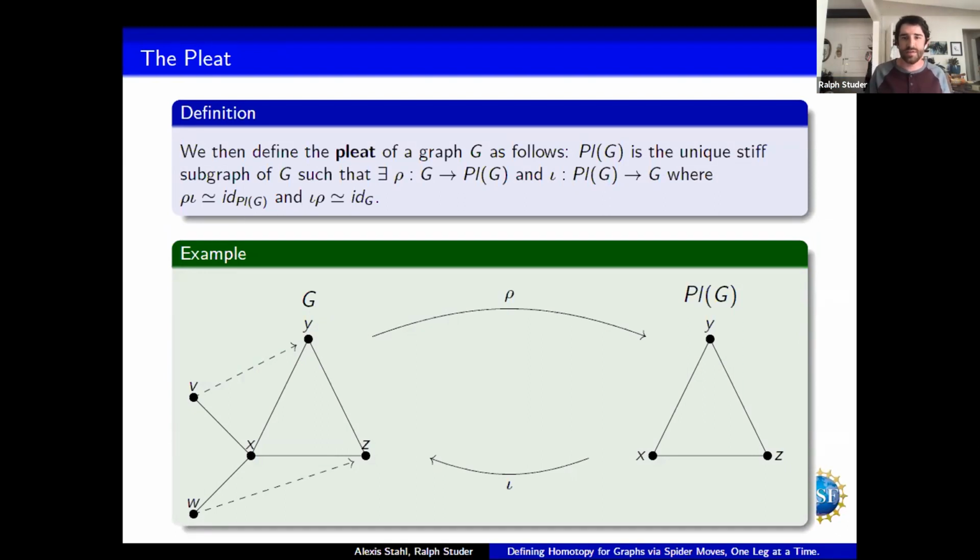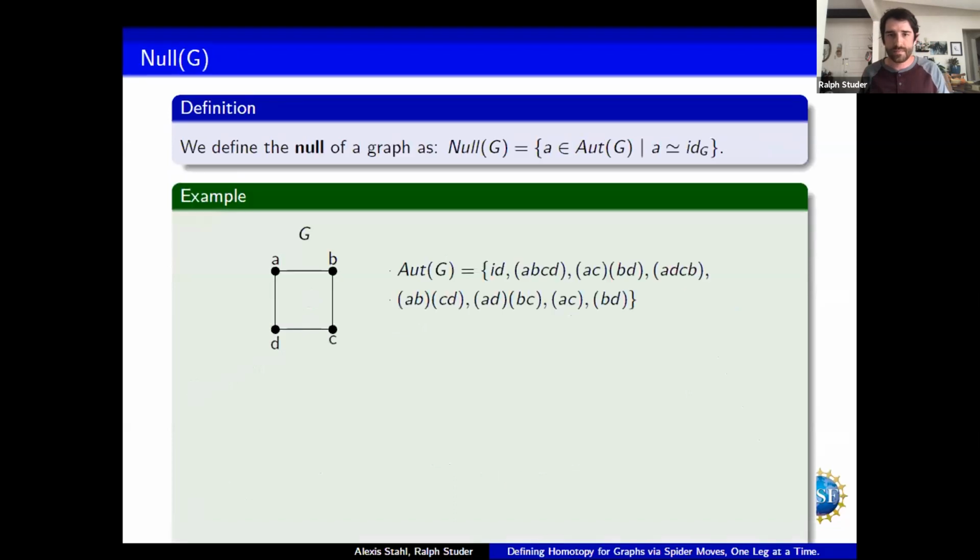Then iota is the inclusion map of pleat G back into G. Next we define null, the automorphisms of G that are homotopic to the identity. Here we have our G, and we wrote out the automorphisms of G. Now we wanted you to see if you could say what the null of this graph G would be.